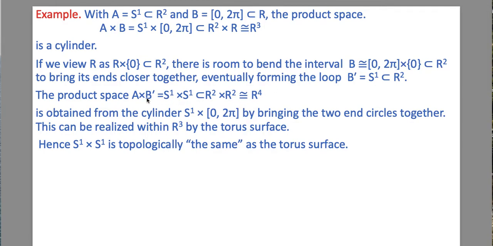The product space A cross B dash is equal to S1 cross S1, a subset of R square cross R square, which is equivalent to R4, and it is obtained from the cylinder S1 cross 0 to 2 pi by bringing the two end circles together. This can be realized in R cube by the torus surface.